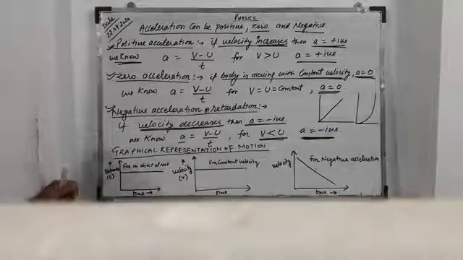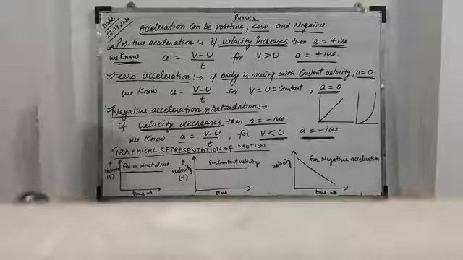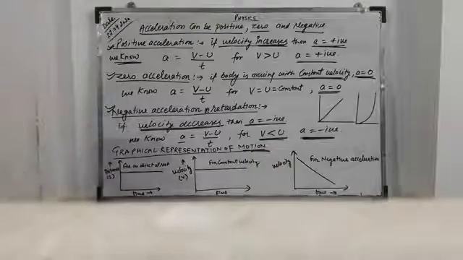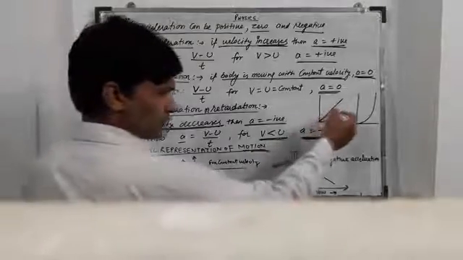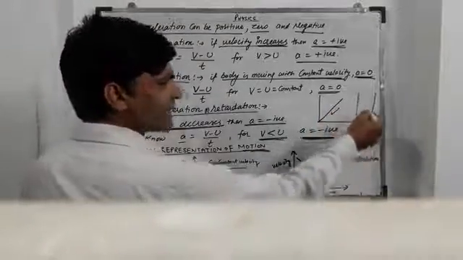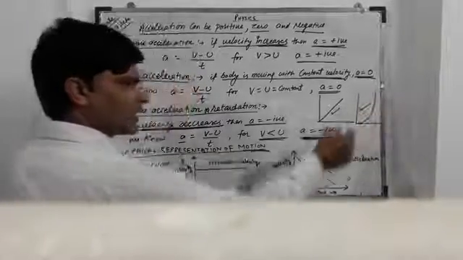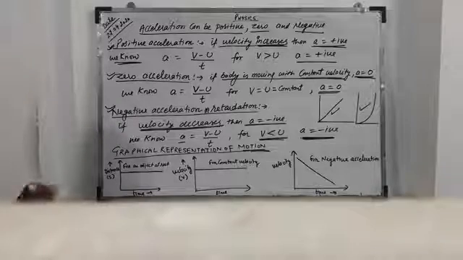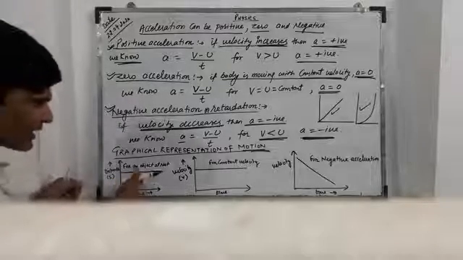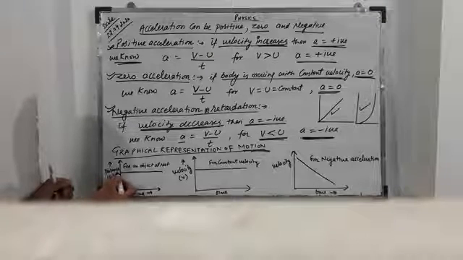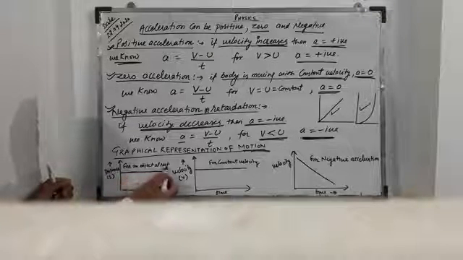Now some graphical representation of motion. As we know, for uniform motion we get a straight line, and for non-uniform motion we have a curved line. Now some other graphs. One is the distance-time graph for an object at rest.